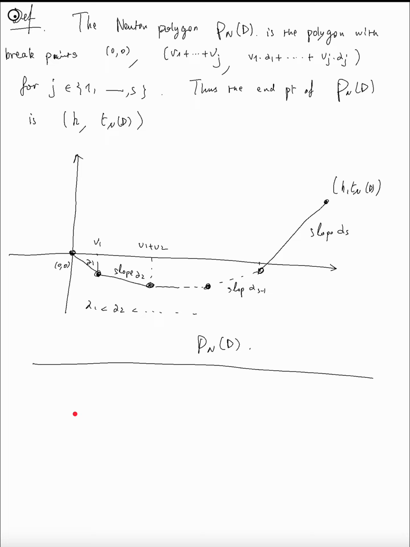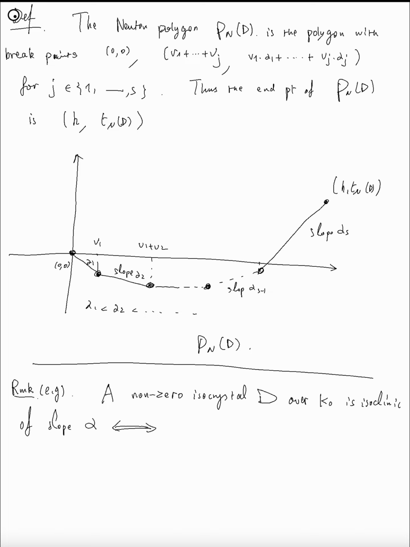Similarly, let's define the Hodge polygon, but before that, let's give a remarkable example. A non-zero isocrystal D over K0 is isoclinic of slope alpha if and only if the corresponding Newton polygon is just a segment.